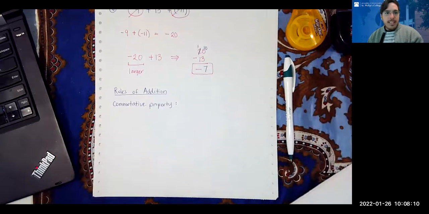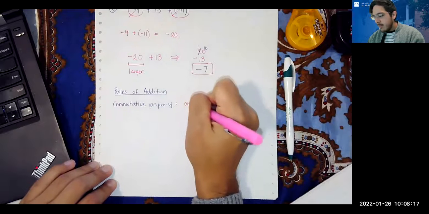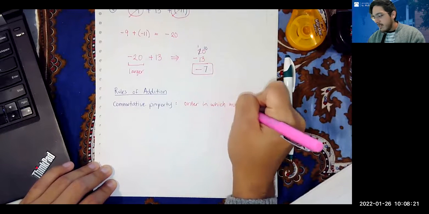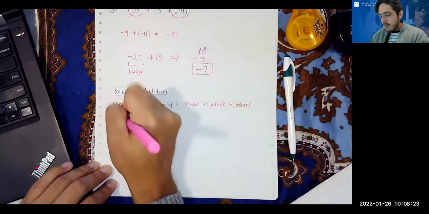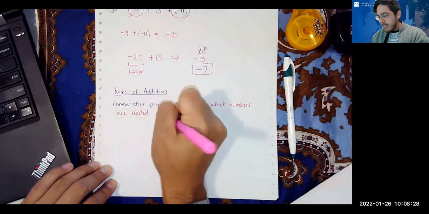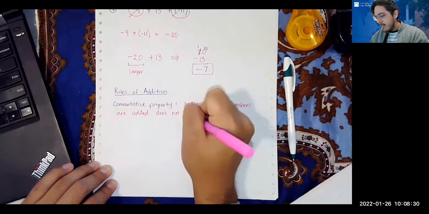This property says that the order or the position of the numbers that we're adding together doesn't matter. The order in which numbers are added does not affect the result.